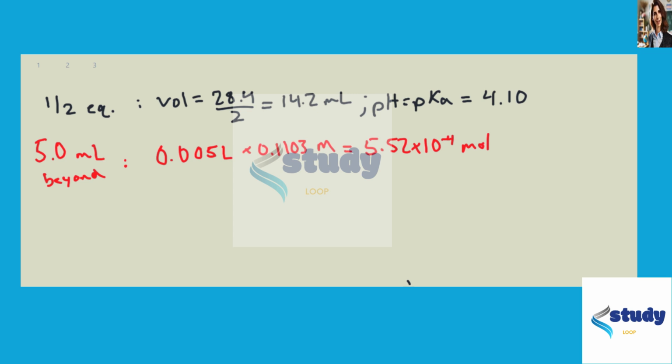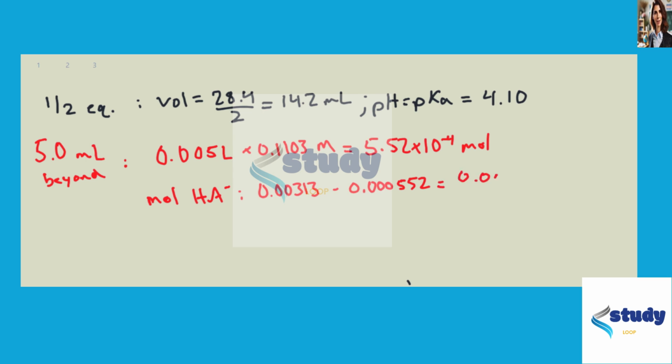Now this is excess sodium hydroxide, so this will react completely with the conjugate base, which is also an acid. So because it's a diprotic acid, it will continue reacting with the conjugate base, which is now the acid. So the moles of HA minus that remain is going to equal what was there at equivalence, which is all of the ascorbic acid species, minus this 0.000552, which is 5.52 times 10 to the minus 4.